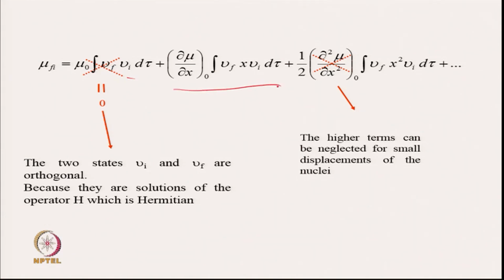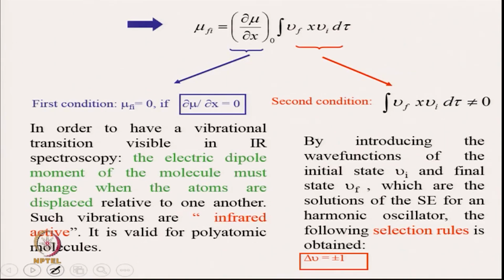This should not be 0 if the transition is allowed. This can be 0 if del mu by del x at 0 is 0. If this is 0, then everything is going to be 0. So, this should not be 0.